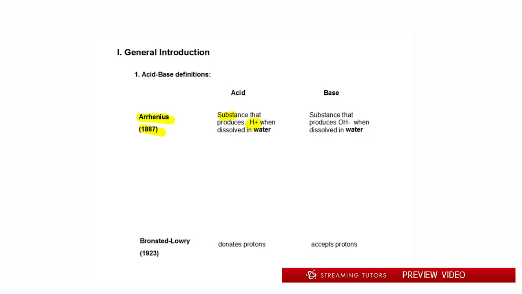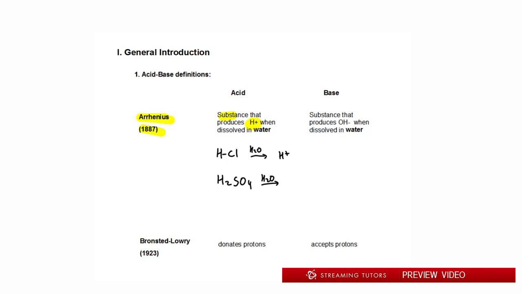And so what that includes are things like HCl or sulfuric acid, H2SO4. These are substances that will, in water, produce protons.